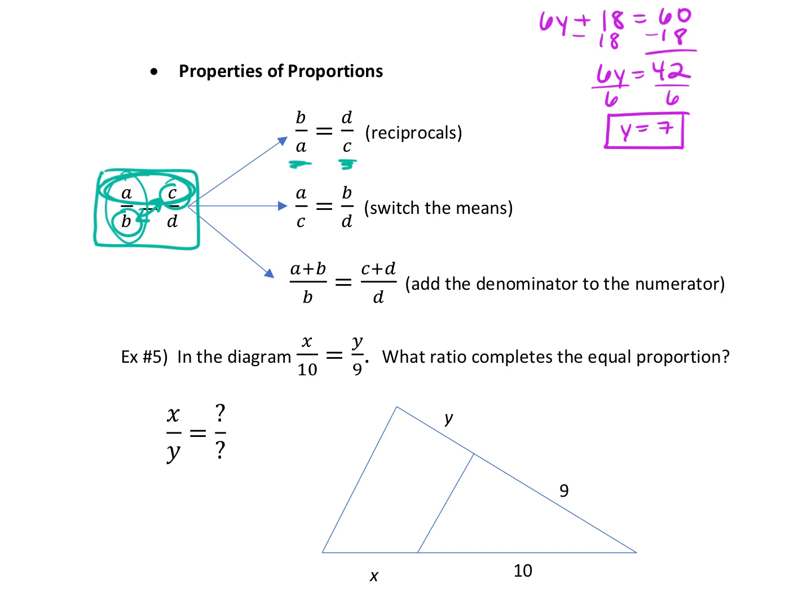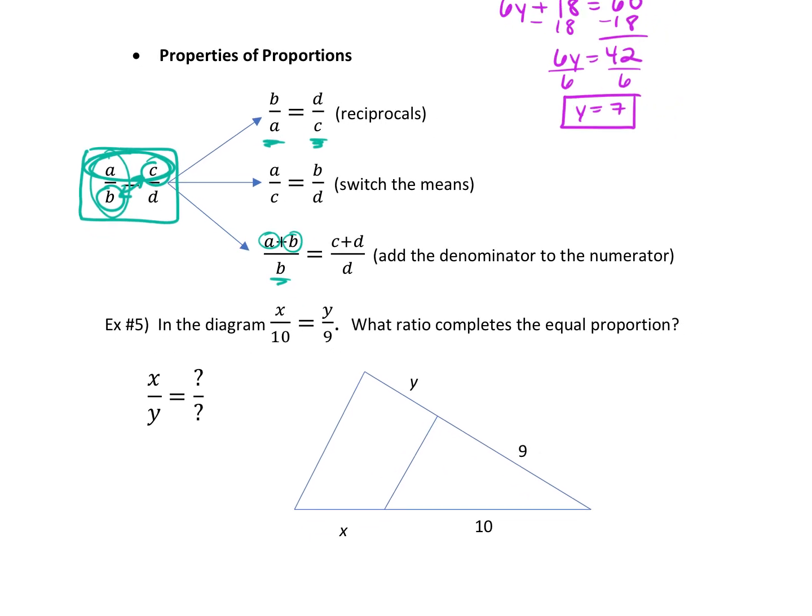And then the last one is you can actually take your numerator plus your denominator, so a plus b, right, our denominator, and put it over the denominator, and it will still equal the same thing. That one doesn't get used a ton, but it's kind of brilliant that that works. I wouldn't have come up with that on my own, but it sure works every time.